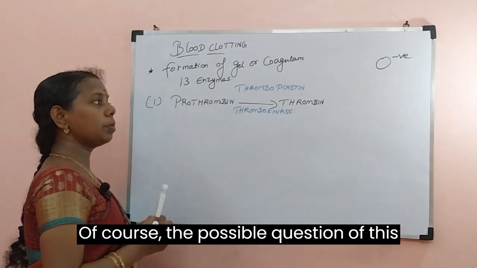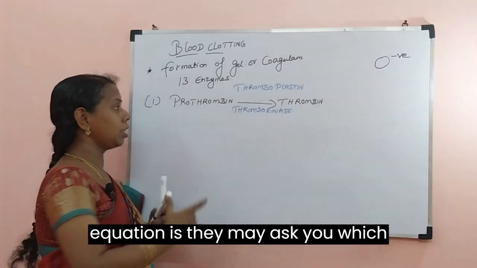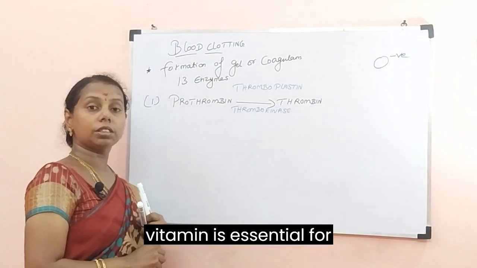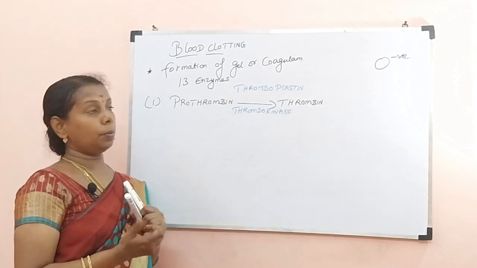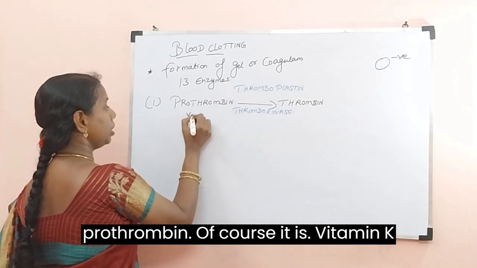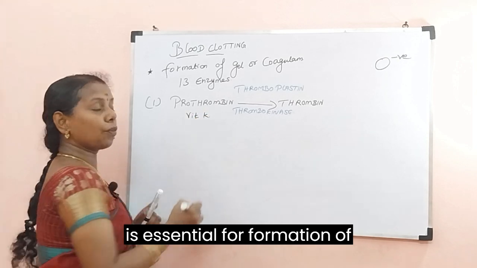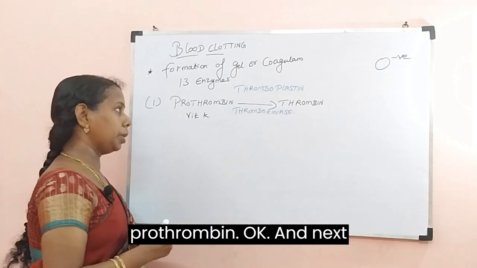Of course, a possible question from this equation is, they may ask which vitamin is essential for prothrombin. Of course, it is vitamin K that is essential for formation of prothrombin.